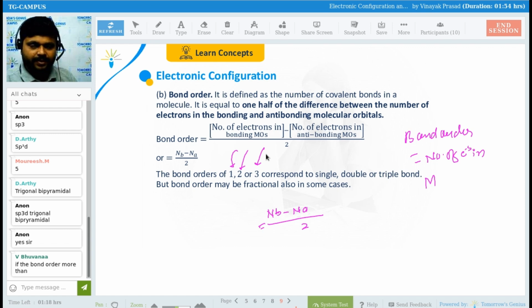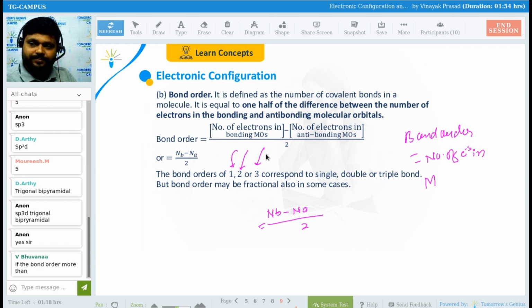But the bond order may be fractional. It doesn't mean that the bond is a fraction, right? There is a complete line that you are seeing in the bond, so there will not be any half bond. Getting my point, everyone? Easy?